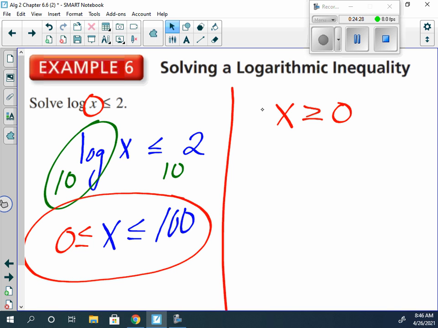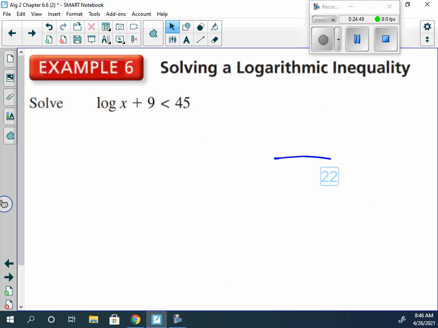With exponential inequalities, it didn't matter, because we can have negative exponents. We can have positive, rational, irrational. With exponentials, a negative or positive number in the exponent doesn't matter. But we cannot have a negative inside the logarithm. That's the big difference.